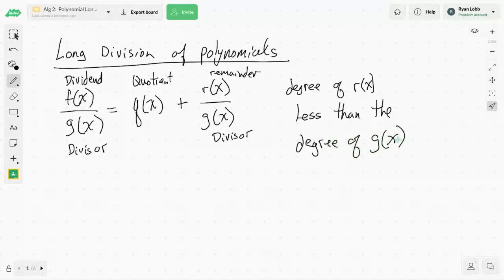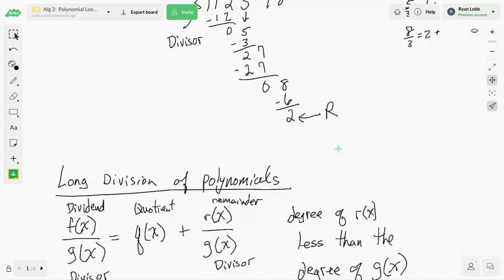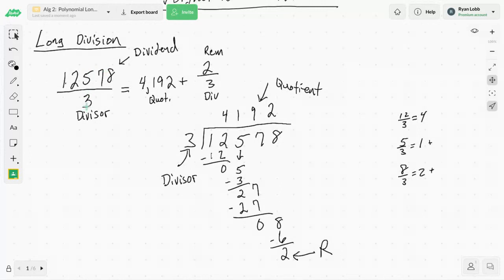Remember, the degree is just your highest power, right? So when the highest power of your remainder is less than the highest power of your divisor, then you're done dividing. This is the form that we're going to initially write out our answer in, just like we did up here numerically, when we divide these two numbers: a quotient plus remainder over divisor.